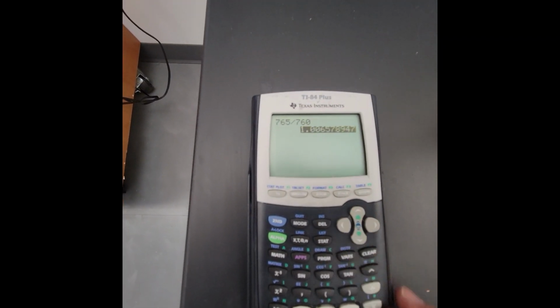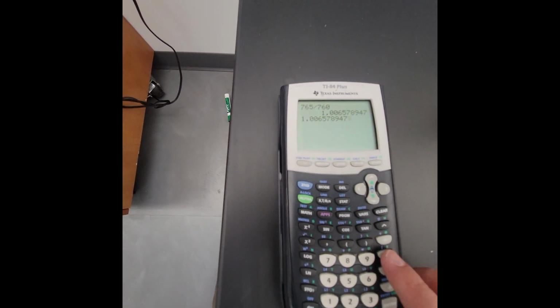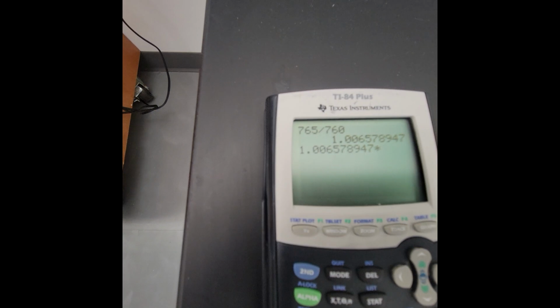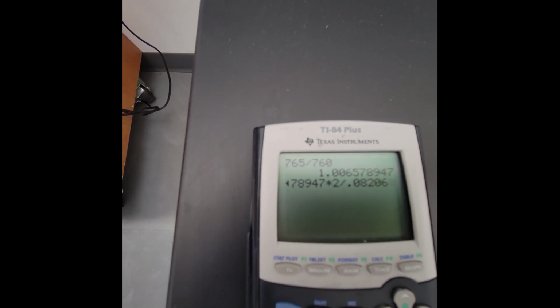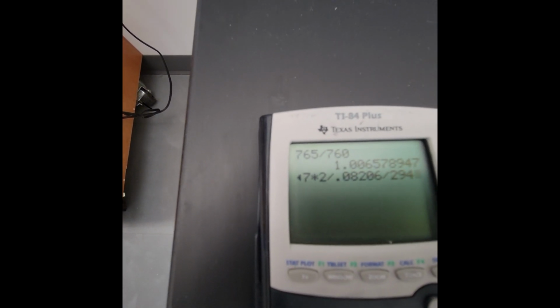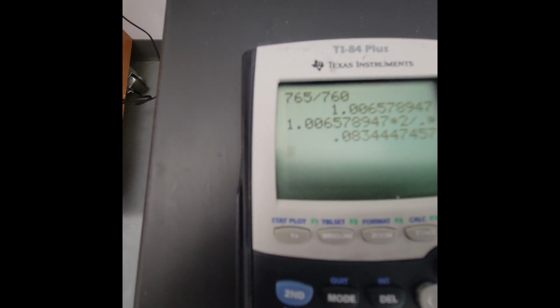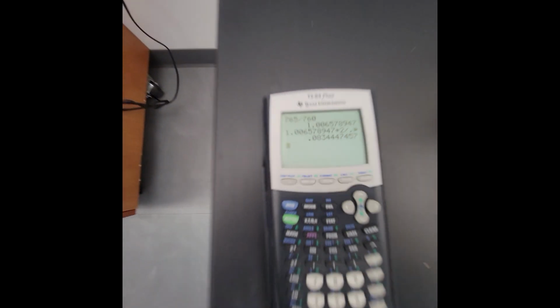I'm going to use my stored number. That's my pressure times the volume divided by R divided by temperature. That gives .0834.